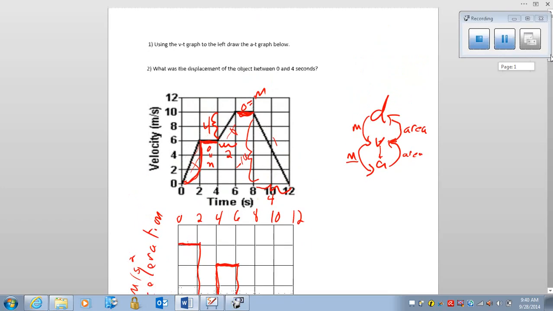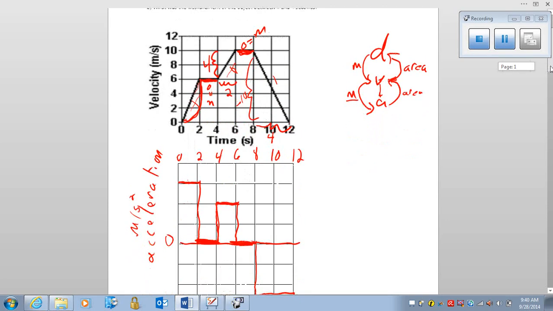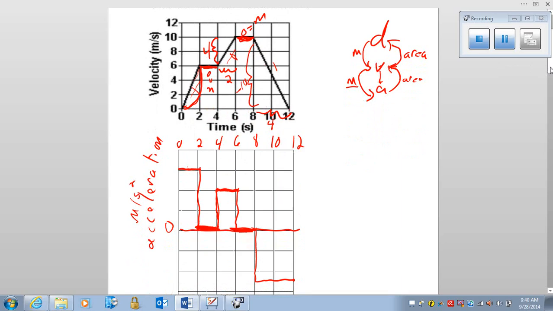The second question asks, what was the displacement of the object between 0 and 4 seconds? So we're on a velocity time graph. They want us to get displacement. So I have to go up, and I go up the right side by taking the area.